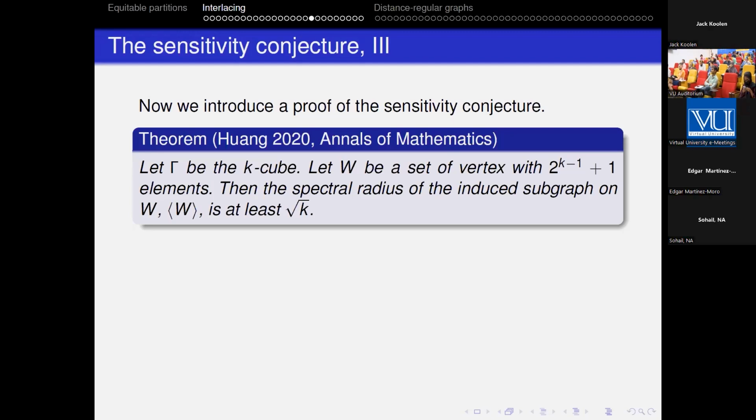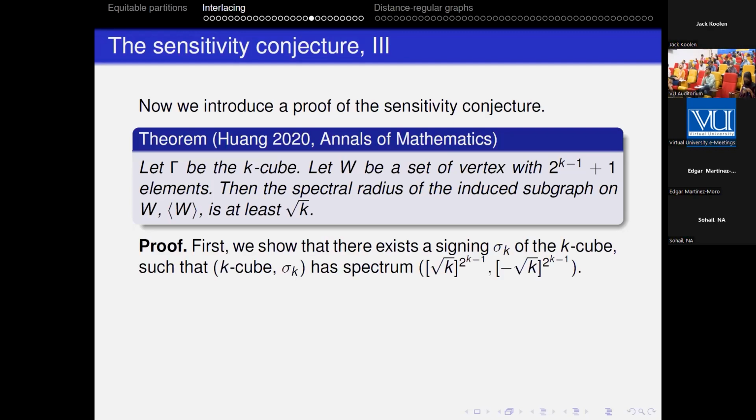Then the spectral radius of the induced signed graph on W is at least square root of k. This was open for a long time, and several people wrote papers on this, but you will see that the proof using spectral graph theory is very easy.